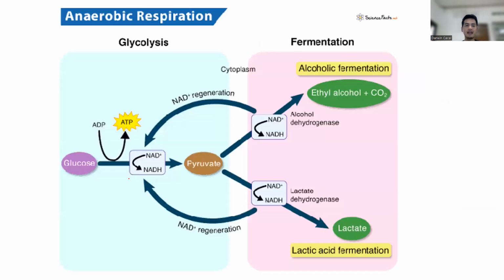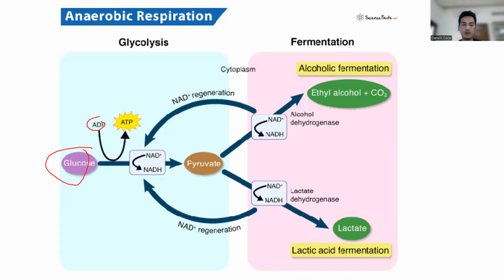So para mas maintindihan natin, ito kasi ang pinaka-basic sa anaerobic respiration or sa walang hangin. The glucose will release NADH to produce ATP or adenosine triphosphate. Once that the ATP was produced, NAD+ will be reduced to become NADH through the process of dehydrogenase.